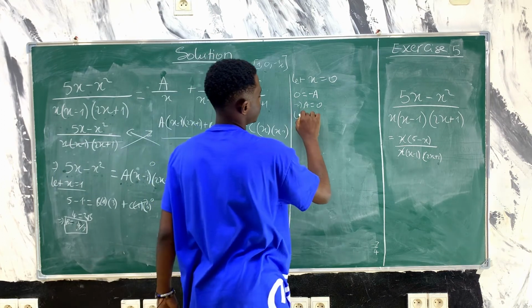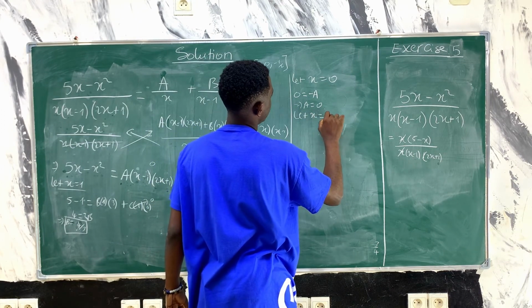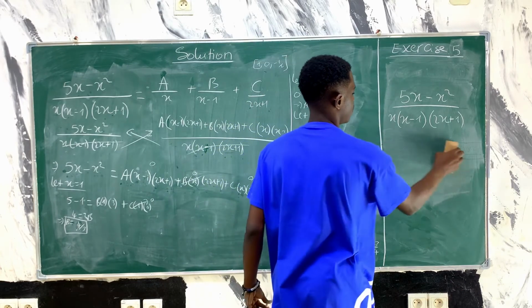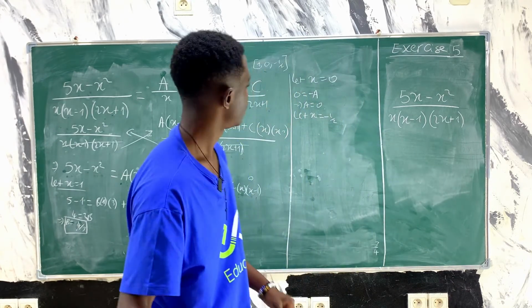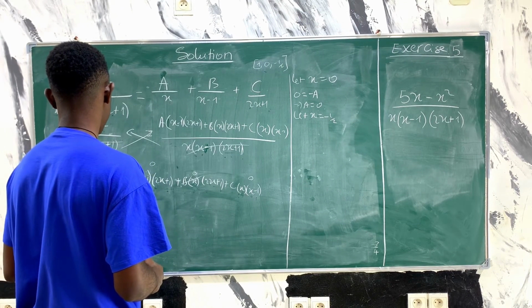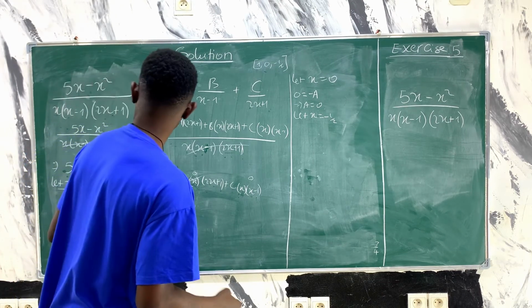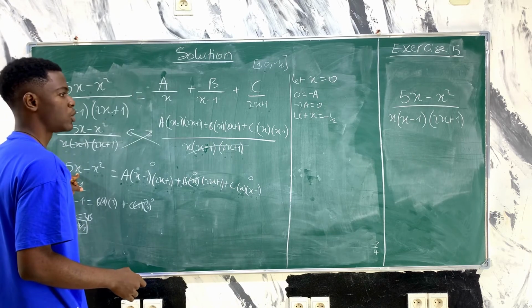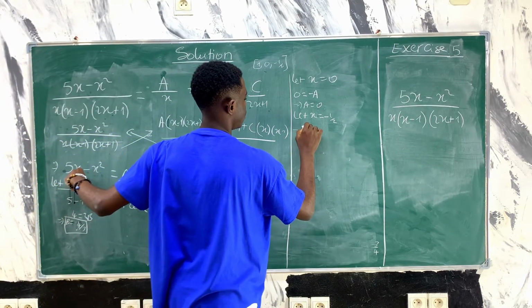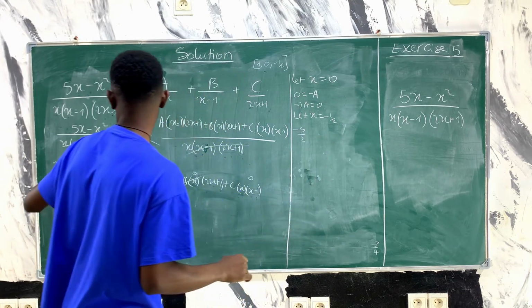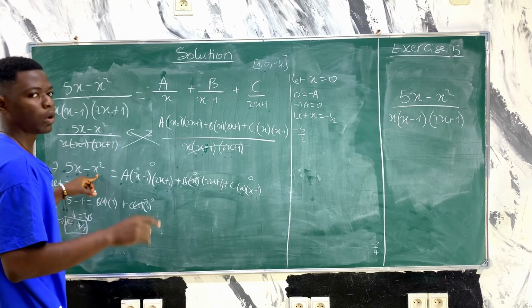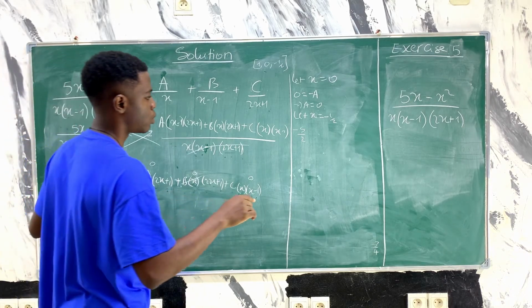So letting x to be minus half. When we put minus half here, what do we have? Half minus 5 on 2 minus... what is minus half squared? 1/4.